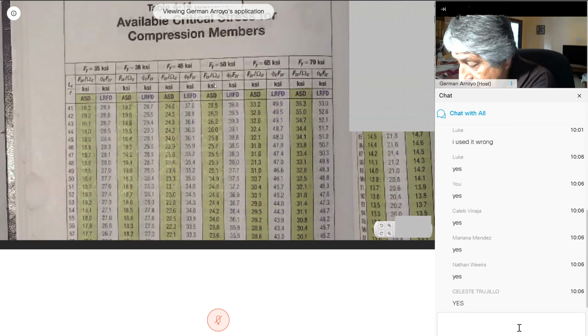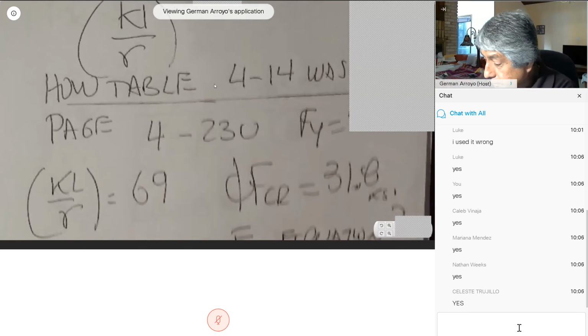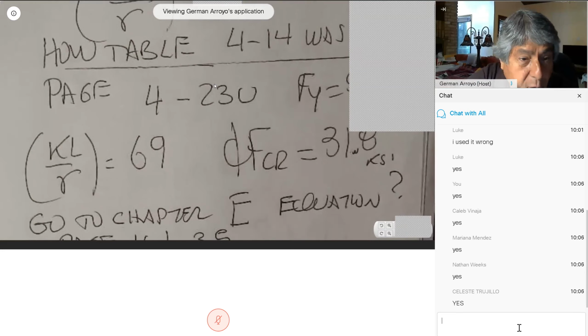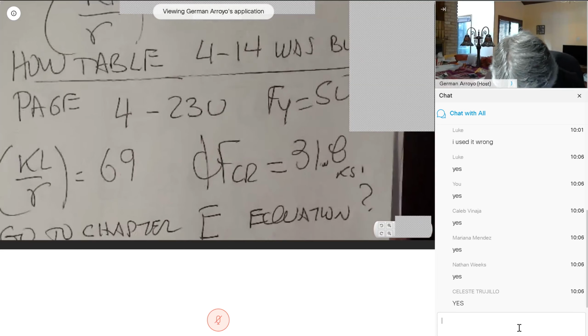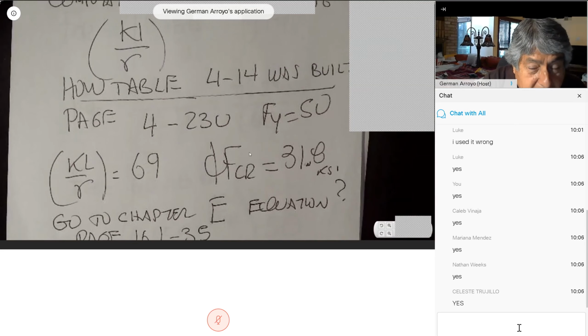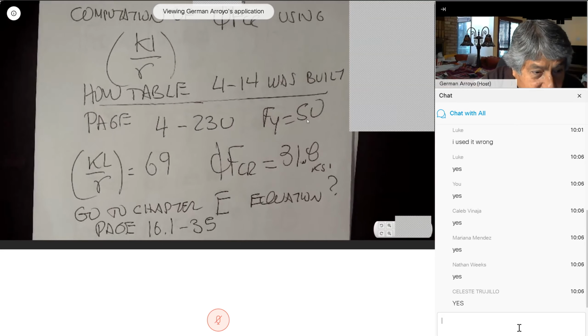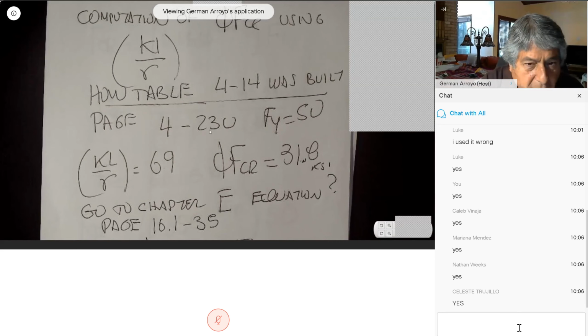So the example that I want to work today is on page 4-30. I want you to go to table 4-14 on page 4-230, the same page that we had before.